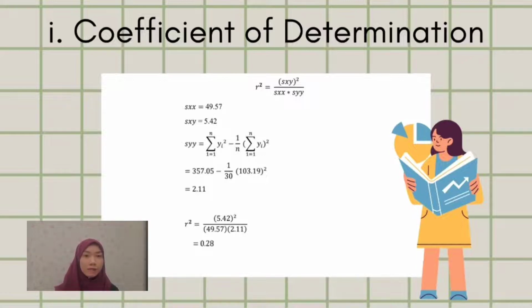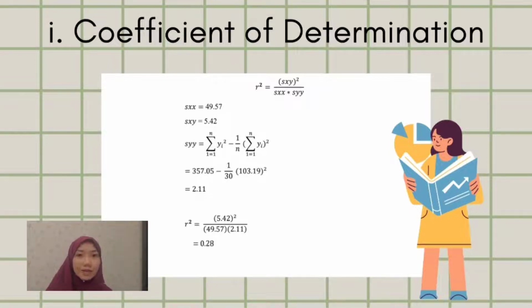First of all, the formula is r square equals Sxy square over Sxx times Syy. So from all the calculation, we already got Sxx, which is 49.57, and Sxy is 5.42.